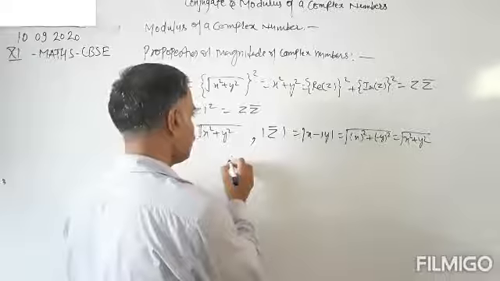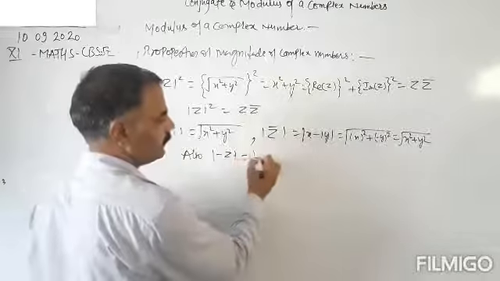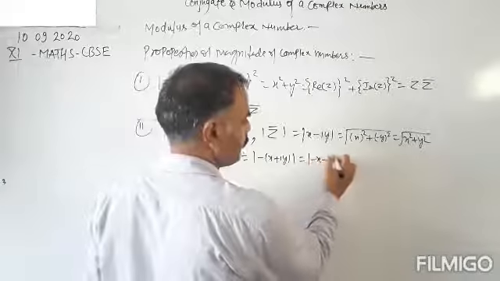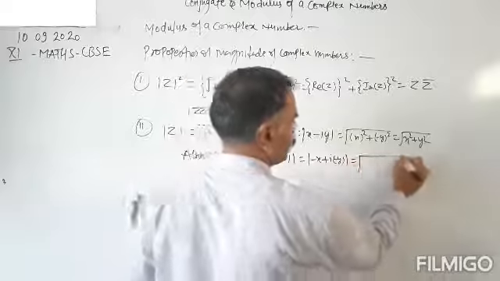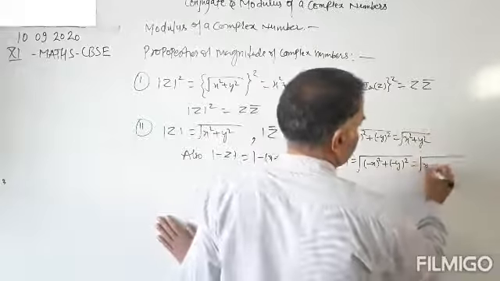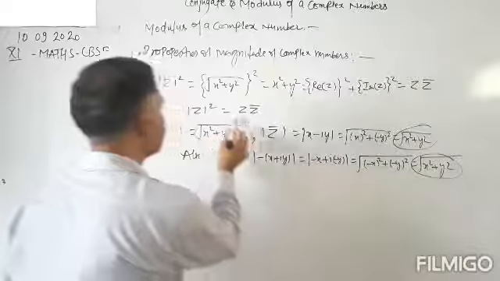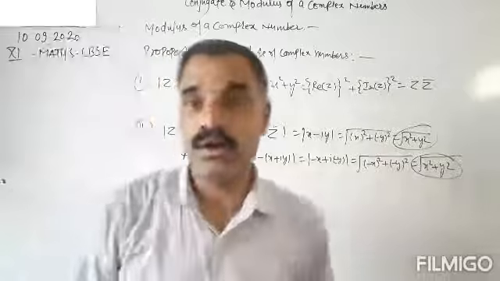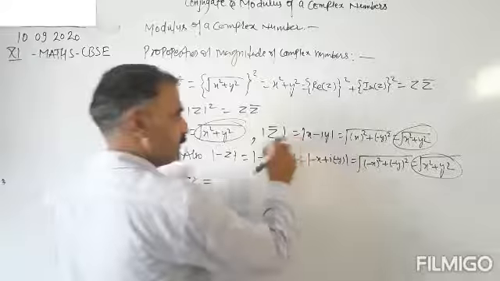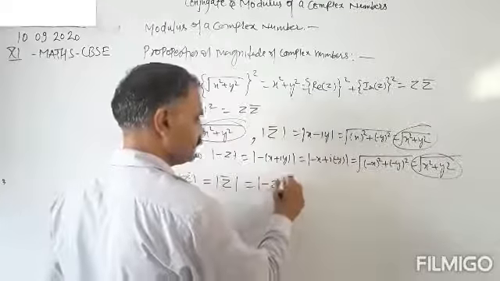Also magnitude of minus z, that is minus x minus iota y, equals under root minus x square plus minus y square, which equals under root x square plus y square. So all these results are the same: modulus z, modulus z conjugate, and modulus minus z.